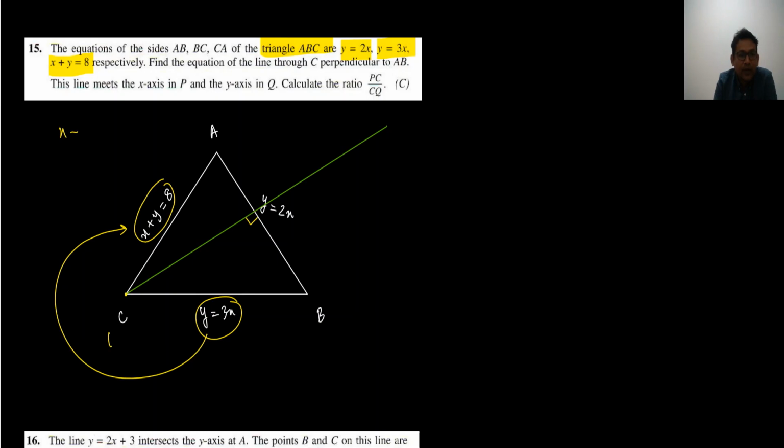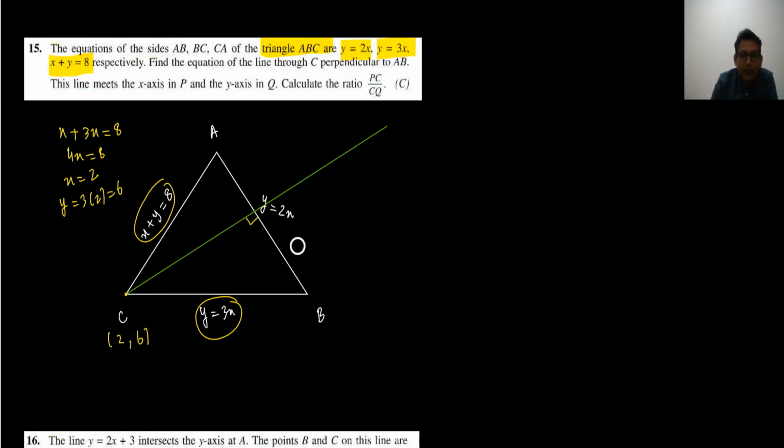So x plus 3x equals 8, 4x equals 8, and x is coming 2. And this 2 I can substitute here. So y is coming 3 times 2, which is 6. So the coordinates of C are (2, 6). Okay, we got the coordinates.